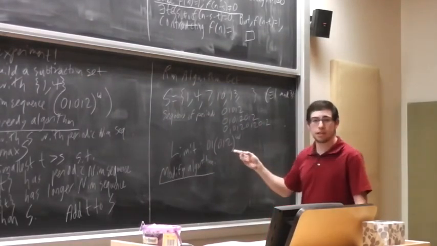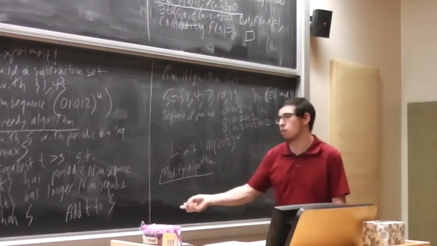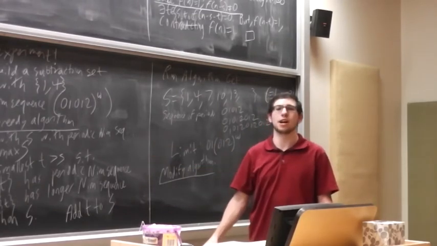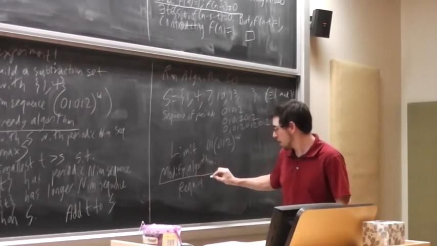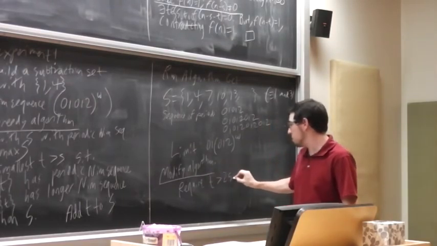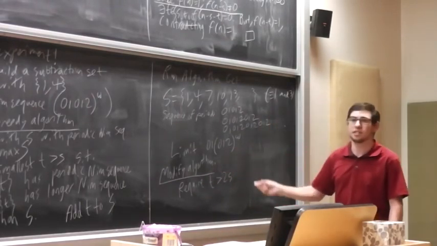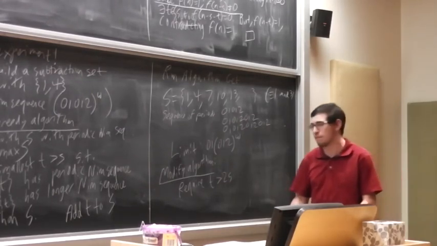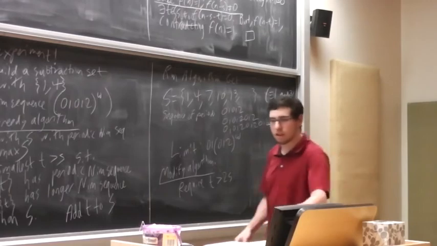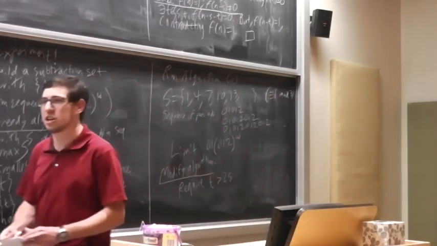In order to avoid this, it'll be sufficient to require that t be greater than 2s. That way we can't accidentally end up tacking on a suffix of the original thing, because a suffix can't be longer than the original thing itself. So when we do that, we actually get an interesting sequence.